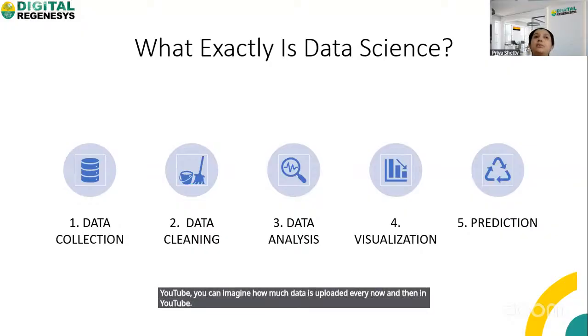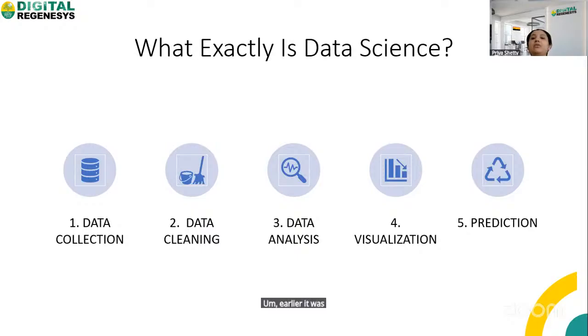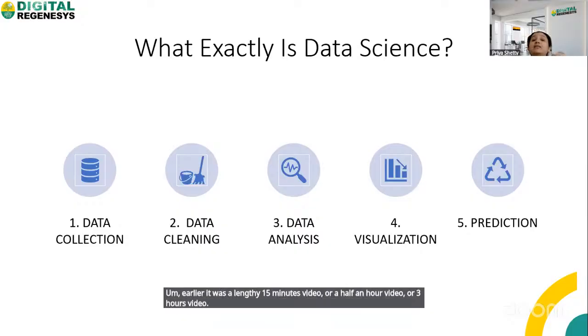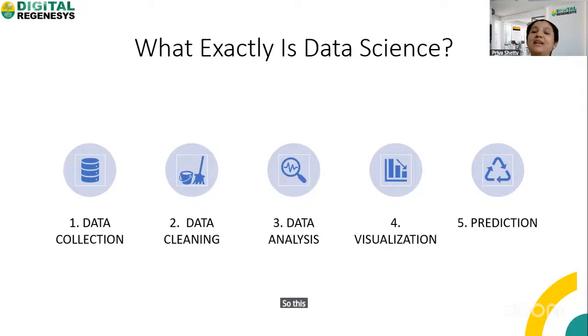Earlier it was a lengthy 15-minute, half-hour or 3-hour video. Now we have 30-second video data also because of reels. So this is how data is increasing day by day.